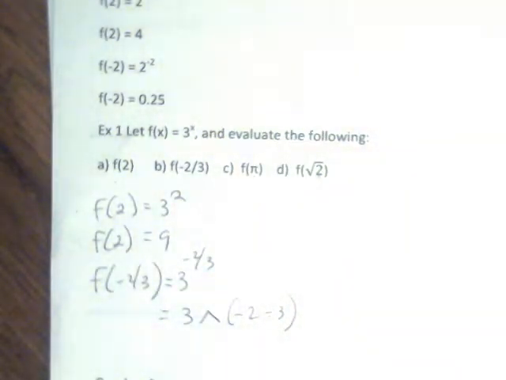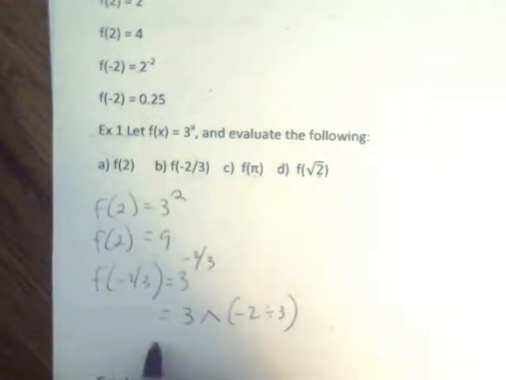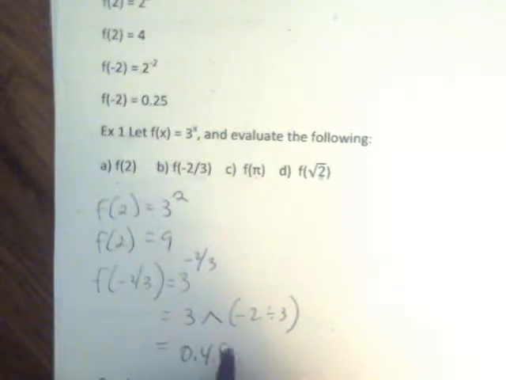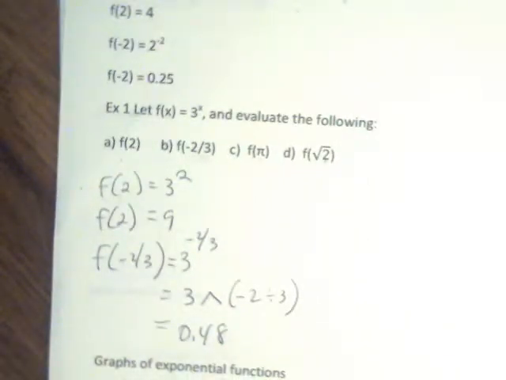Again, it all depends upon the calculator you have. What you can always do in class is ask me, and I'll show you. So it's okay if you don't have it right now. I can show it to you when you get to class, but you should get about 0.48, roughly.